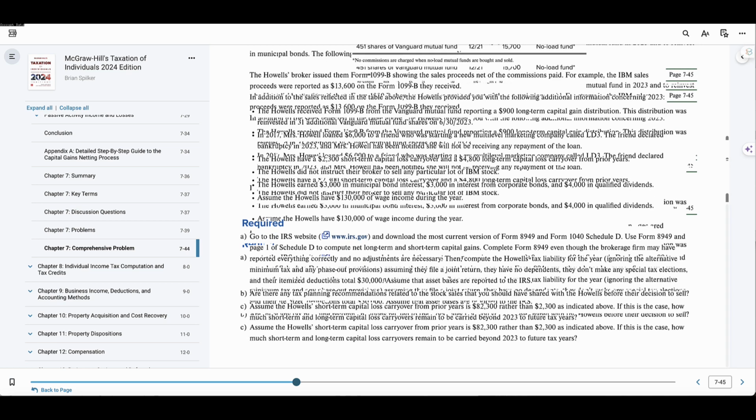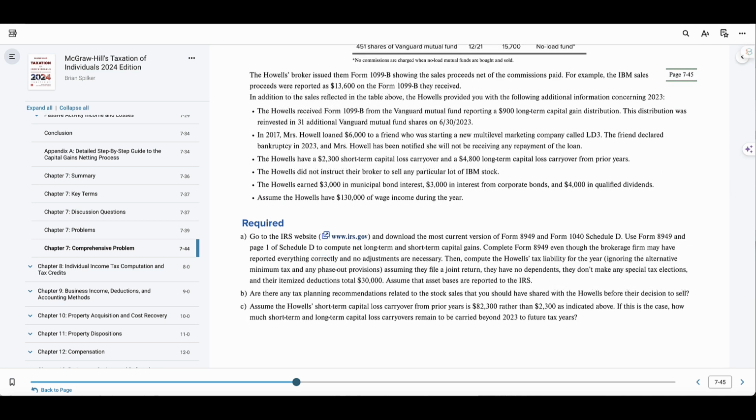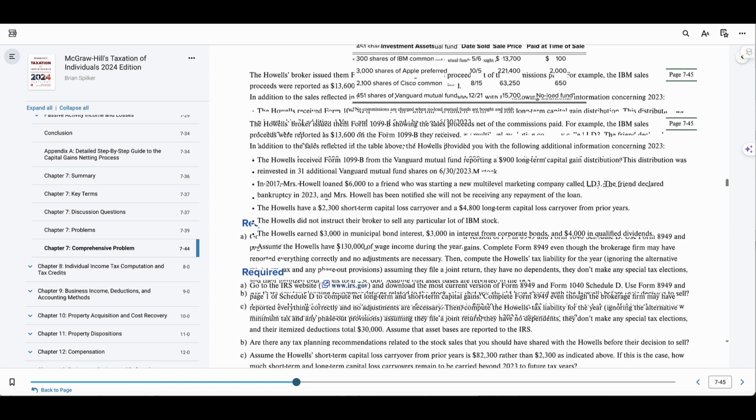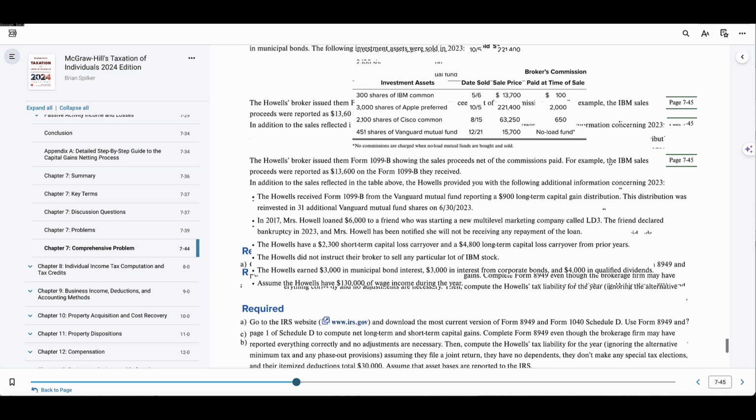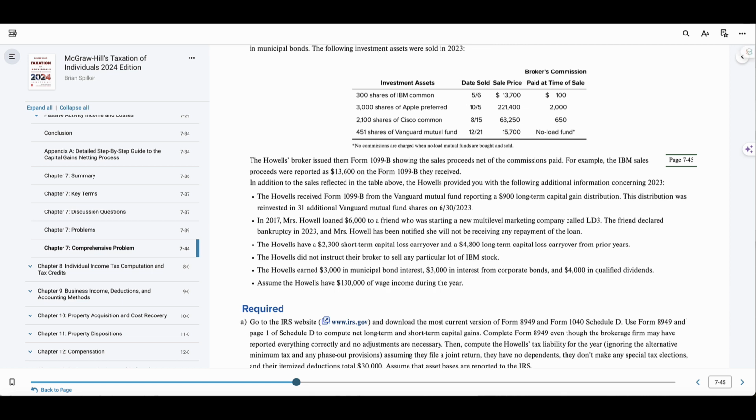The Howells' broker issued them a Form 1099-B showing the sales proceeds net of the commissions paid. For example, the IBM sales proceeds were reported as $13,600 on their Form 1099-B. In addition to the sales reflected in the tables here, the Howells also provided you with the following additional information around the tax year 2023.